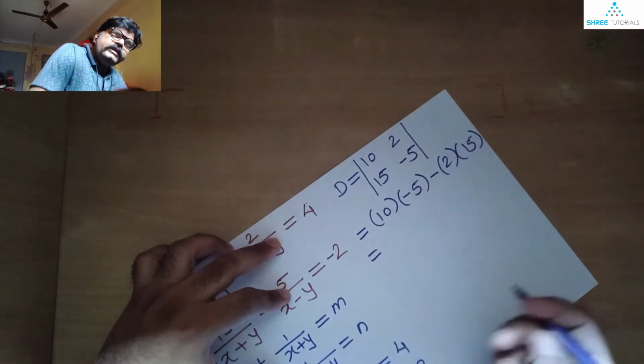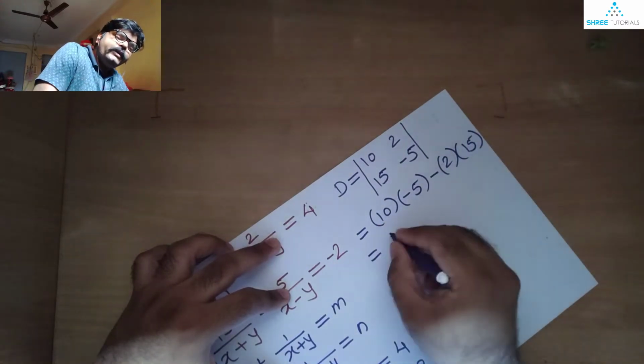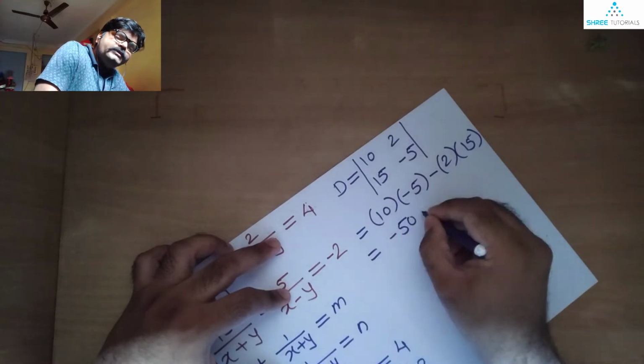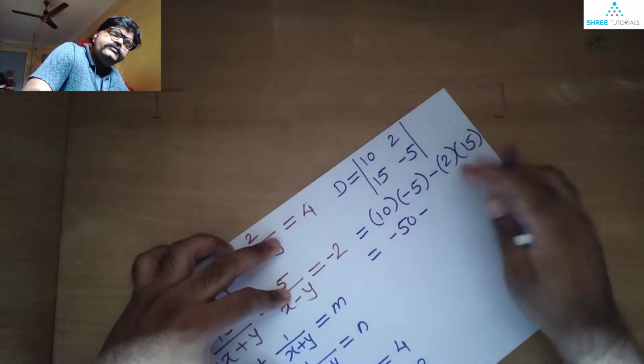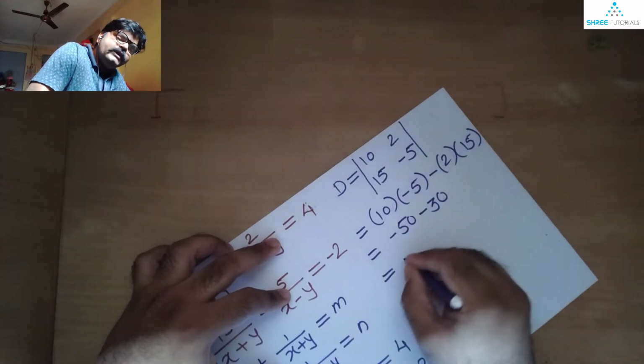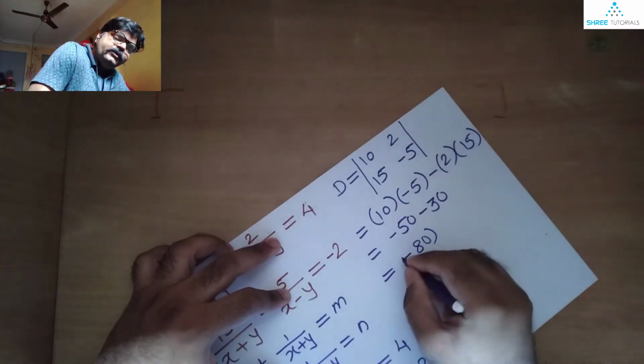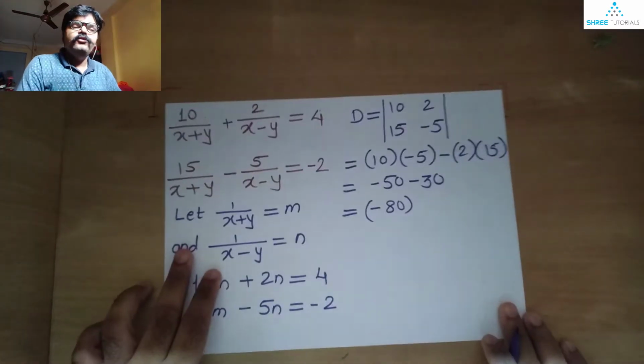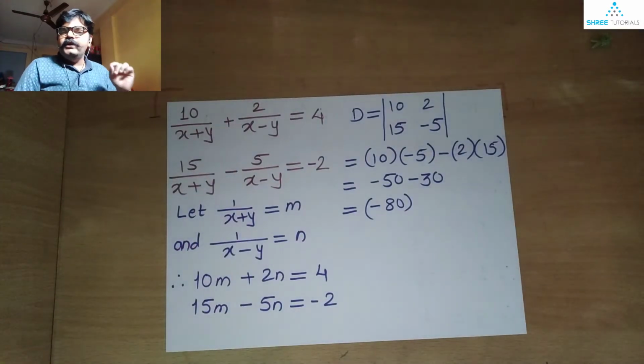So 10 into minus 5 should be minus 50, and 2 into 15 should be 30, and therefore it should be minus 80. That is the value for D we have received.